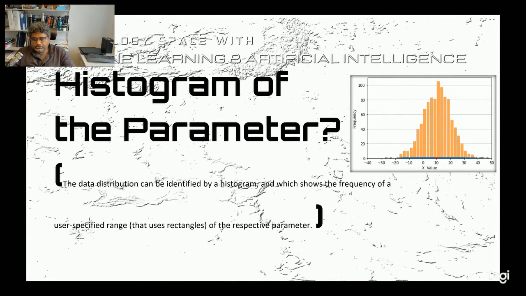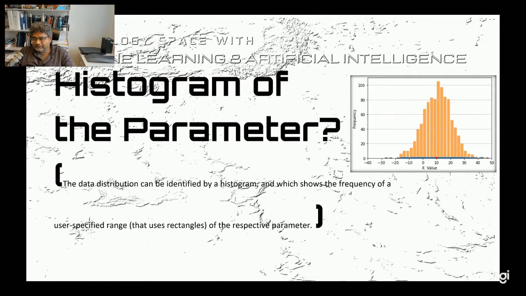This histogram shows the frequency of a user-specified range for the respective parameter of the data set. Here each smaller orange block represents a small range for the data. When you count how many data points fall within that smaller range, you know the number of data points within that range.